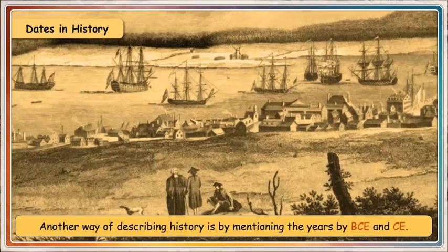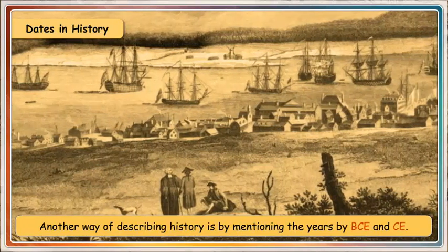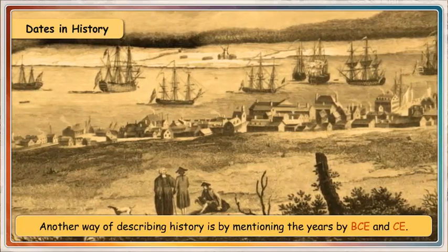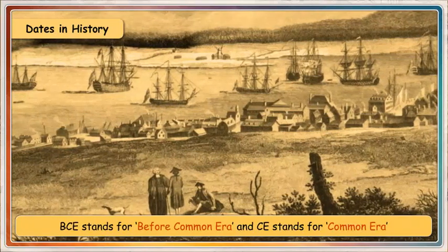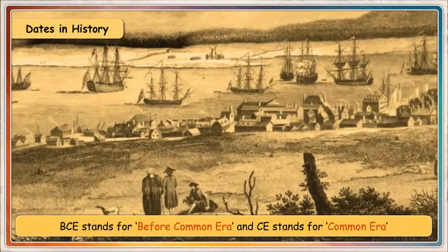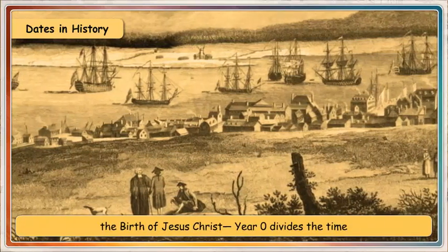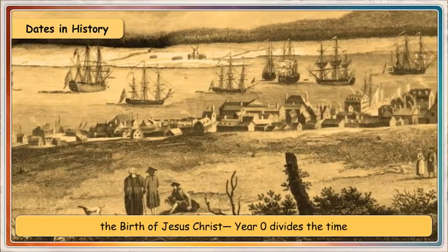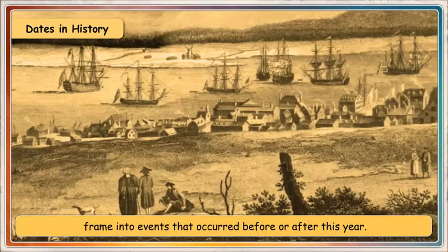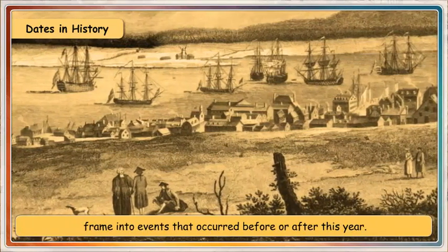Another way of describing history is by mentioning the years by BCE and CE. BCE stands for Before Common Era and CE stands for Common Era, the birth of Jesus Christ. Year 0 divides the time frame into events that occurred before or after this year.